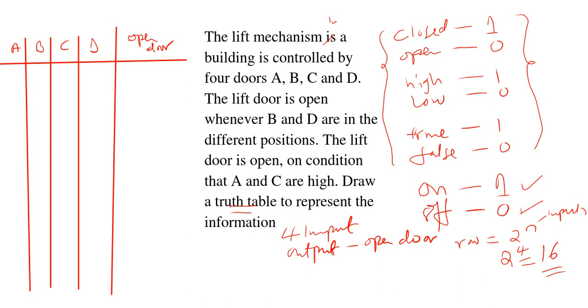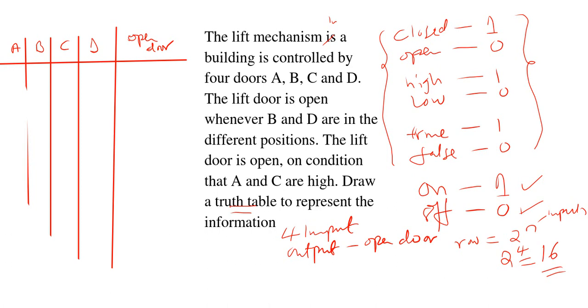You have to write all possible combinations of these 4 inputs, and this is how you do it. For A, you write 8 zeros: 1, 2, 3, 4, 5, 6, 7, 8, and also another 8 ones: 1, 2, 3, 4, 5, 6, 7, 8. Let me reduce the font for this.